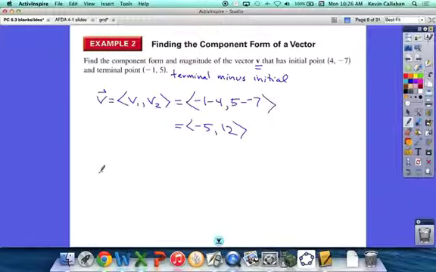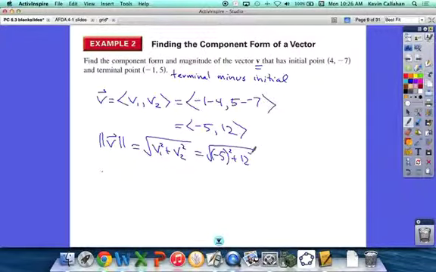It also said find the magnitude. So again, the magnitude, I'm going to write it like this. The double brackets, the magnitude equals the square root of V1 squared plus V2 squared, which is -5 squared plus 12 squared. Which is 13.